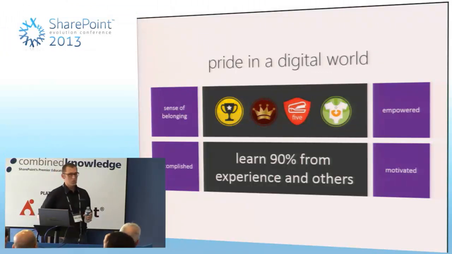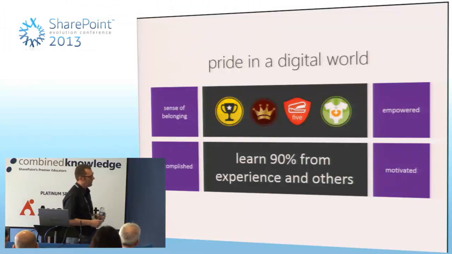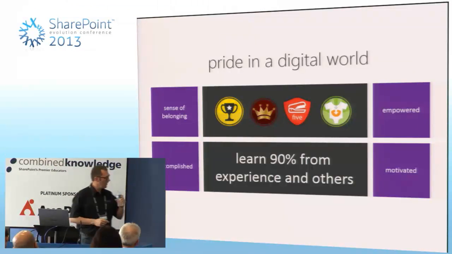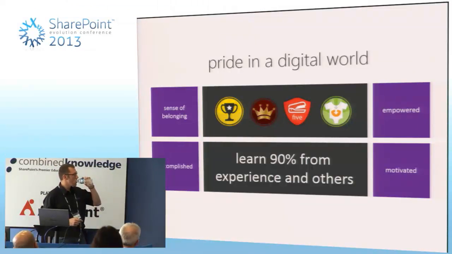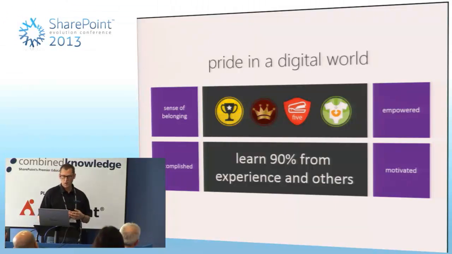So badging is one of the options that a lot of social business software vendors are delivering. And it also goes to the sense of belonging. So if I achieve something, if I get rewarded for achieving something, there are lots of good examples on different websites that actually show this.